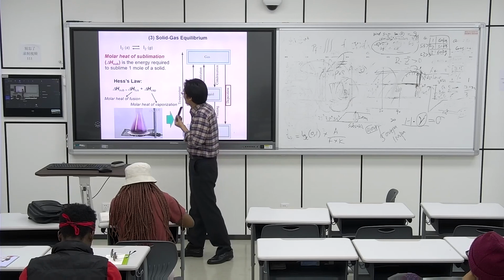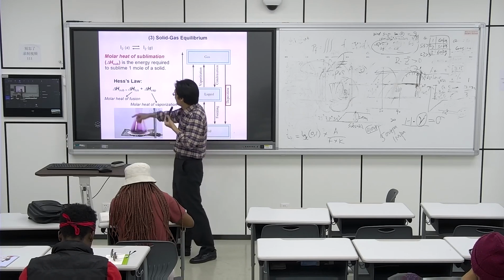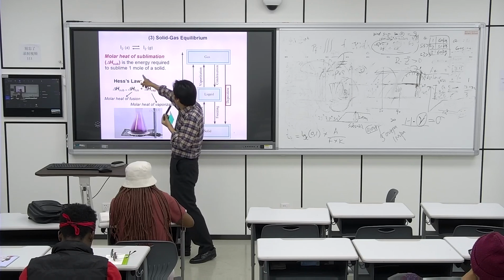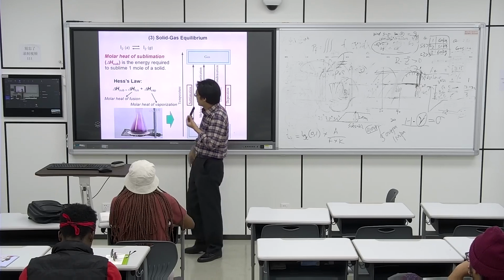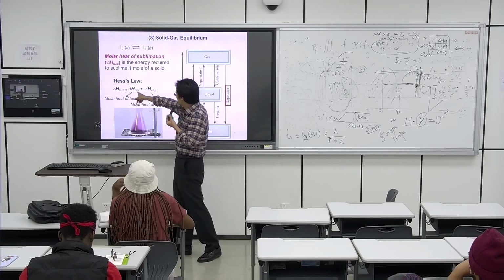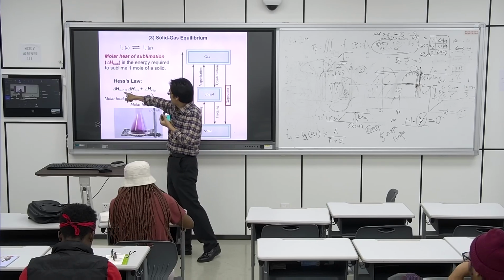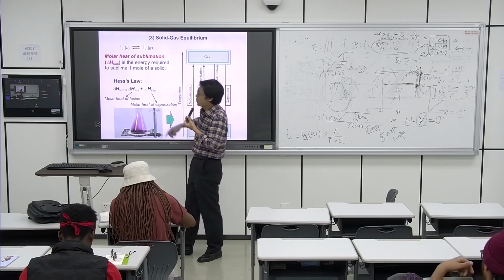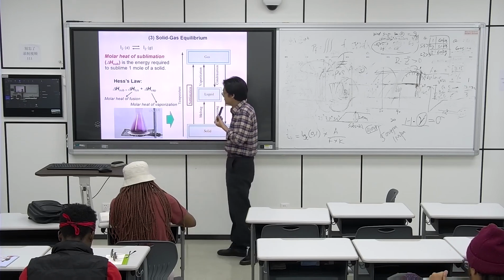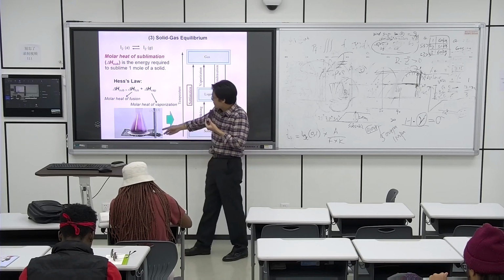So the molar heat of sublimation is the energy required to sublime one mole of solid. So we can use this: ΔH sub equals ΔH fusion plus ΔH vap.